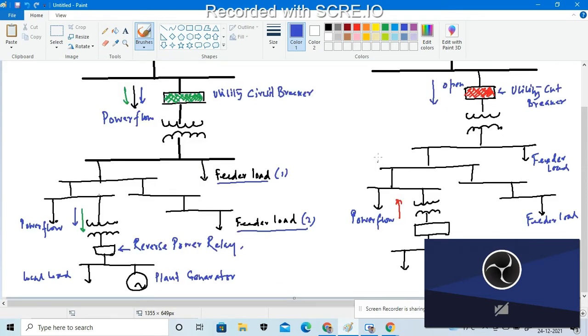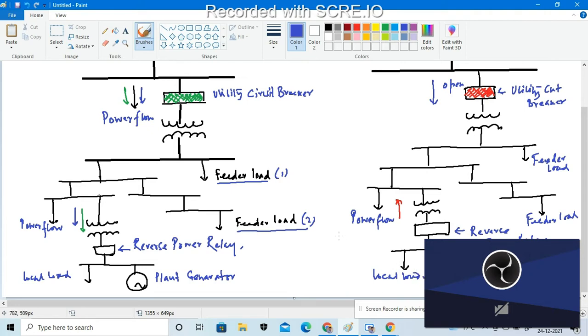Okay, and this is again my reverse power relay that will be connected across the grid, and this is my plant generator, and with the plant generator we are associating the local load, right?